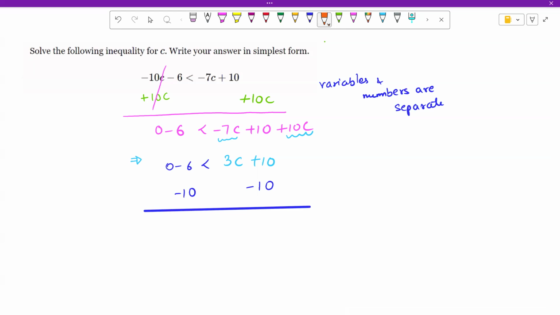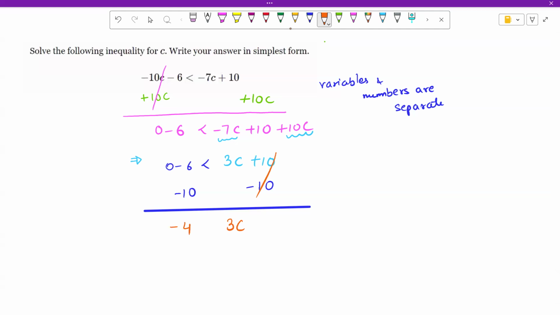We would get 3C on the right side, and we would get negative 4 on the other side. Why is it a negative 4 on the left side? Because it's 6. Oh, wait, it's already a negative, right?